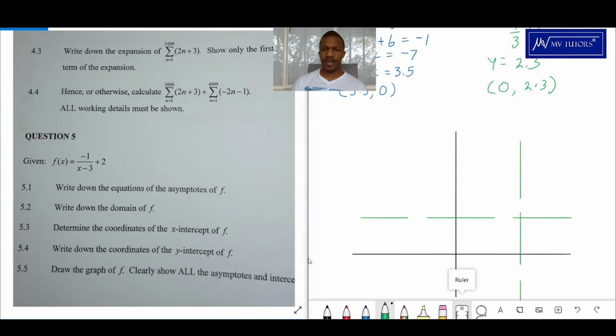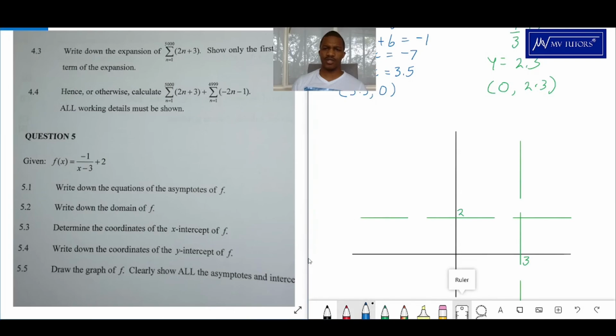And then our values, it's passing here at, we said, 2. This one is at 3. Next thing we need is the y-intercept. So the y-intercept is this one, 0 and 2.3.